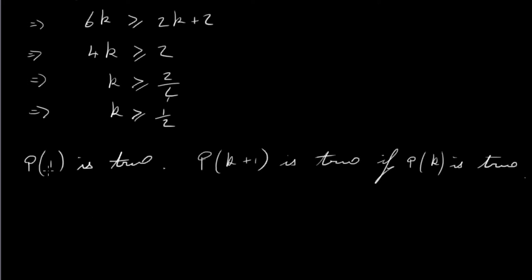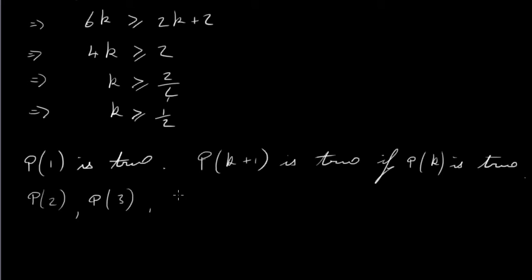Now we know it works for 1, so therefore by the fact that we've proven that it works for P(k plus 1) if P(k) is assumed to be true, that means P(2) must be true. It must work for 2. If it works for n equal to 2, then it must work for n equal to 3, the next number up from 2.